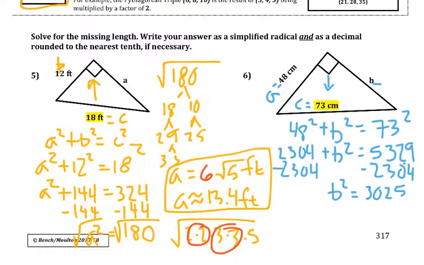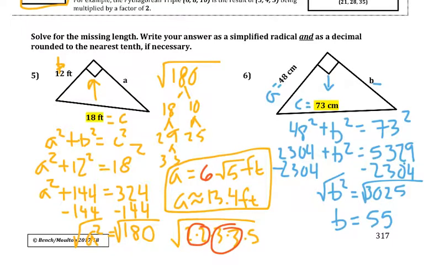At this point, we're going to go ahead and take the square root of both sides to find the value of b. And when we do that, putting in our calculators the square root of 3,025, it comes out to be 55.